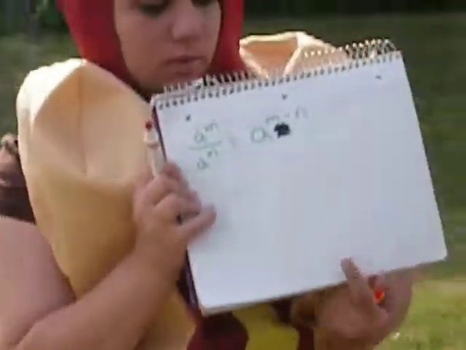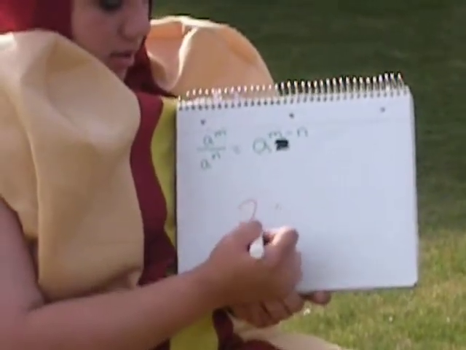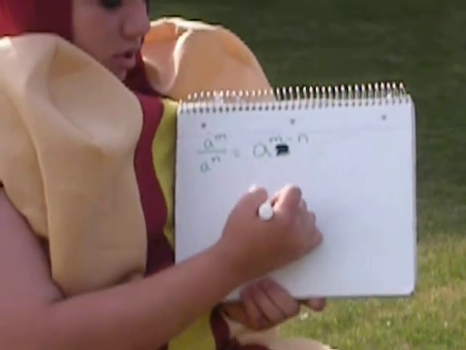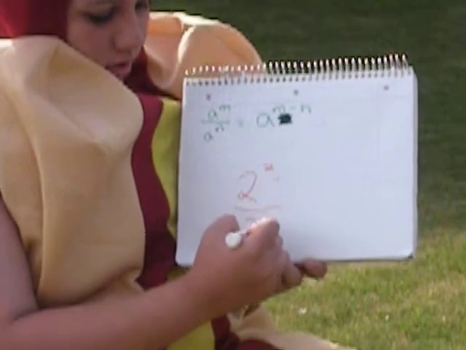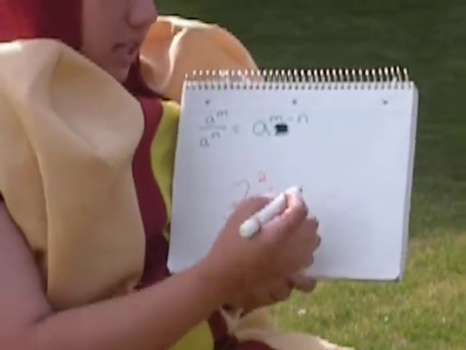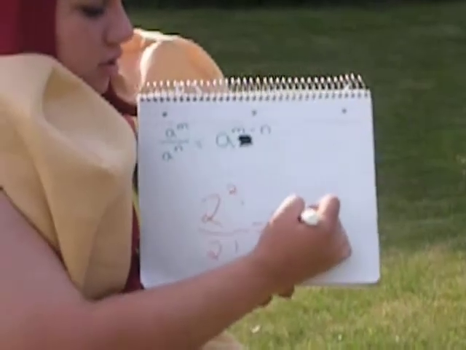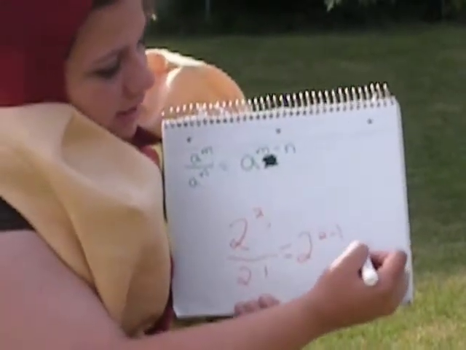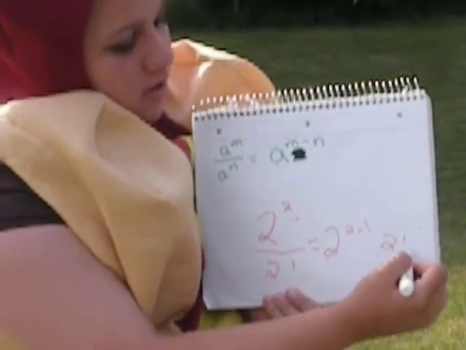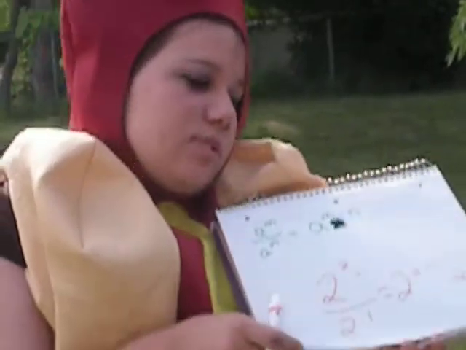An example of this would be, again, using 2 as a base, 2 to the 2 over 2 to the 1. So when you do this, you get 2 to the 2 minus 1. And that gives you 2 to the 1, which is just 2. Simple, simple, simple.